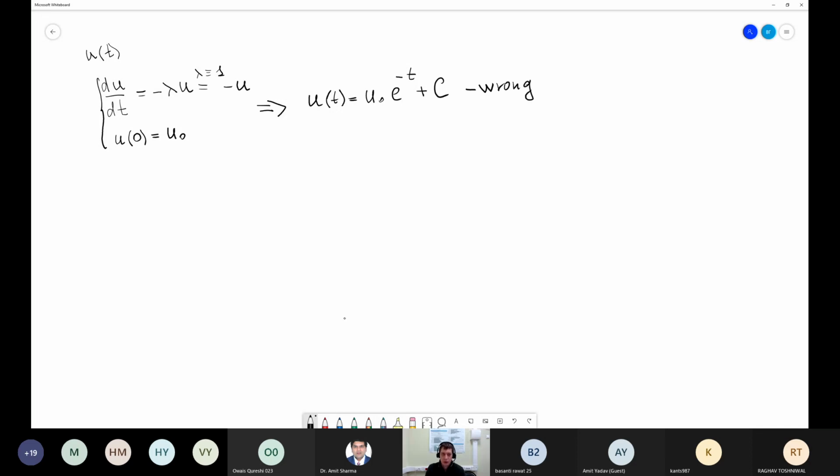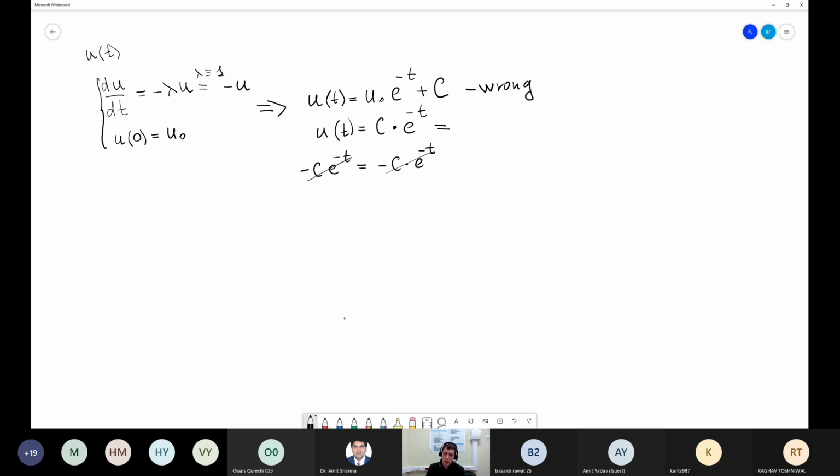The correct solution is u of t equal to some constant c multiplied by e to the minus t. If we substitute this function into the equation, we obtain minus c multiplied by e to the minus t equal to minus c multiplied by e to the minus t, and this is true.